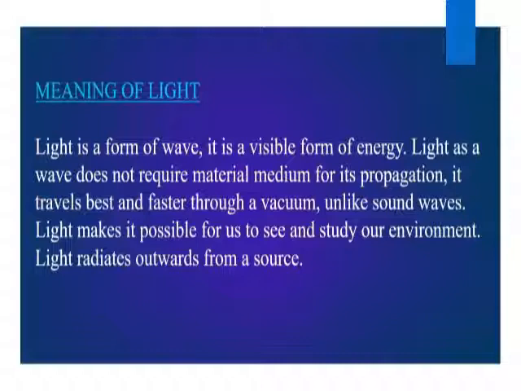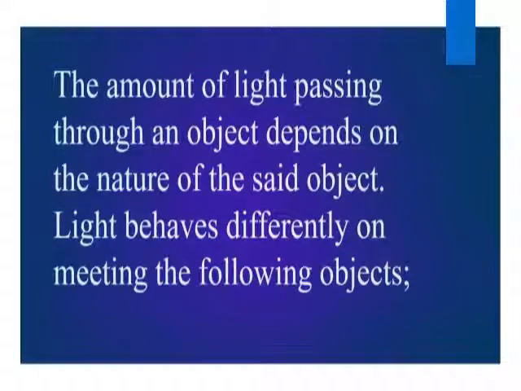So for today, what is light? Light, unlike sound, makes it possible for us to see the things in our environment. So in itself, it is a form of energy, and it is a wave.